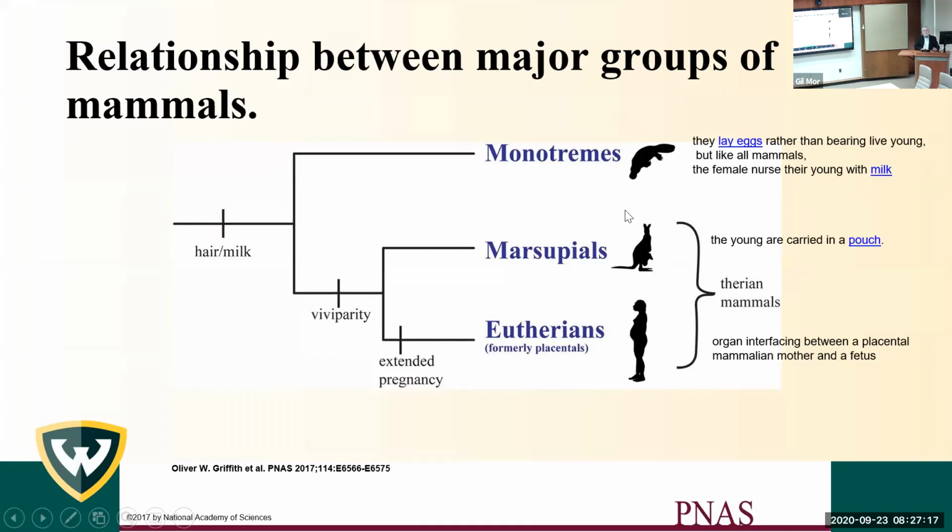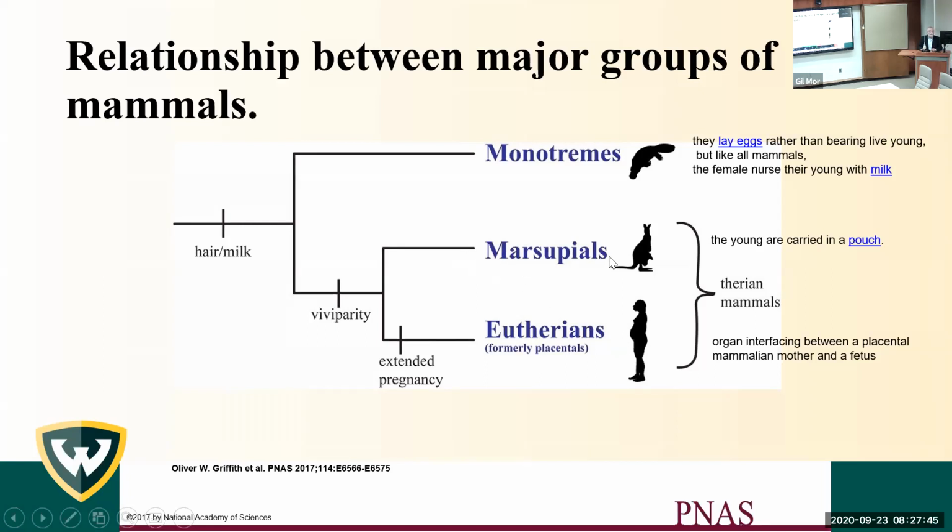So in other words, they don't have the classical mammalian pregnancy that is inside of the body of the mother. When we go to the more advanced evolutionary stages, that is the viviparity, the pregnancy takes place inside of the body of the mother. We have two subdivisions.